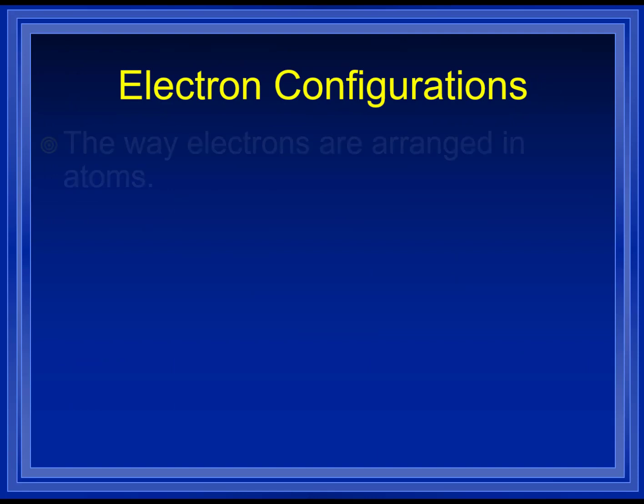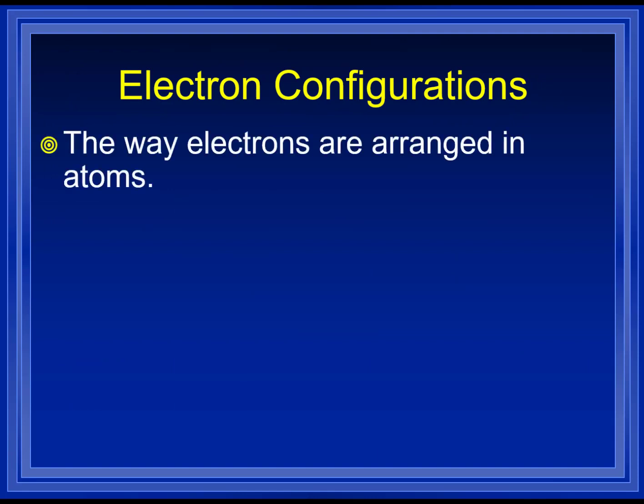So what we're talking about here is called an electron configuration. The word configuration means arrangement. So electron configuration is the arrangement of the electrons. Okay?